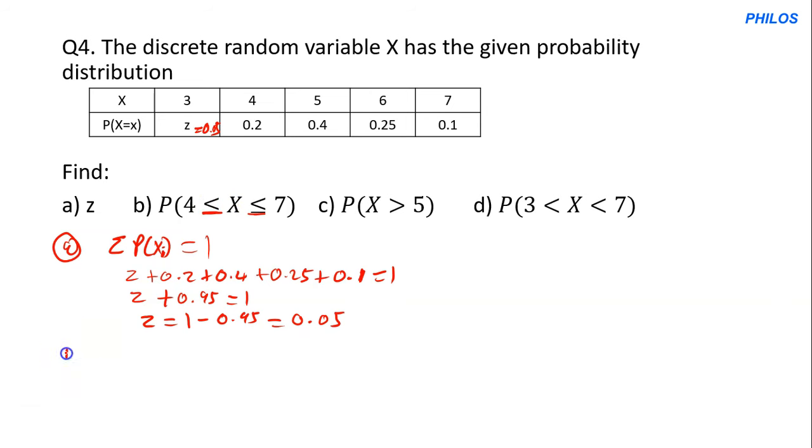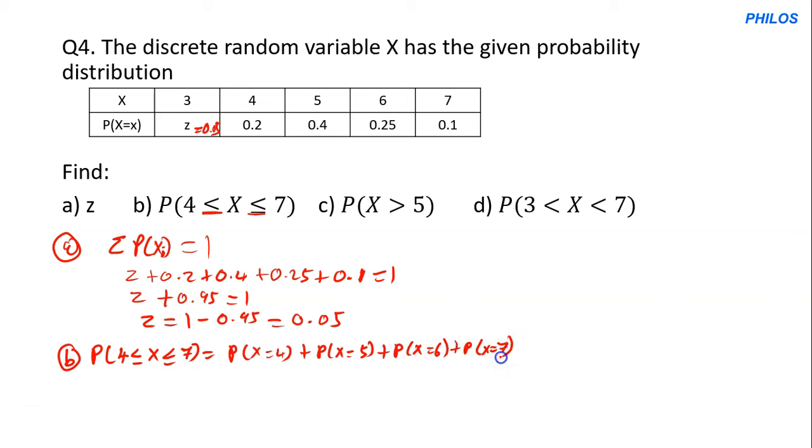So to solve B, probability that x is between 4 and 7 inclusive should be equal to probability that x is exactly 4 plus probability that x is exactly 5 plus probability that x is exactly 6 plus probability that x is exactly 7.